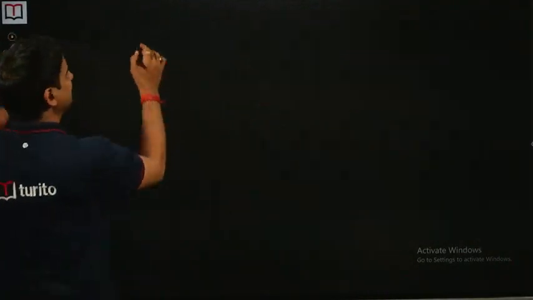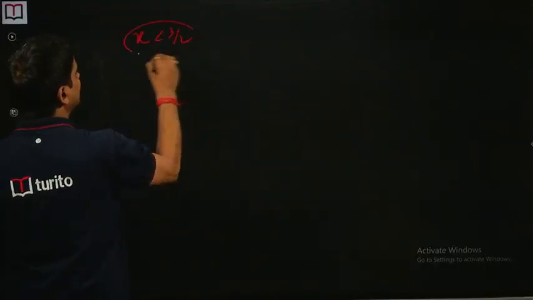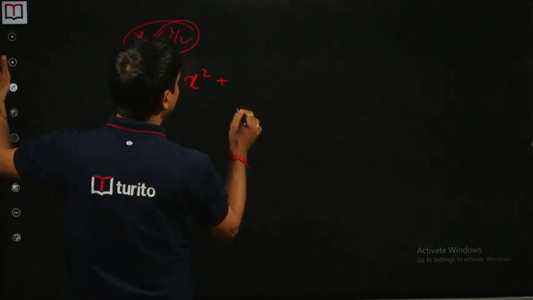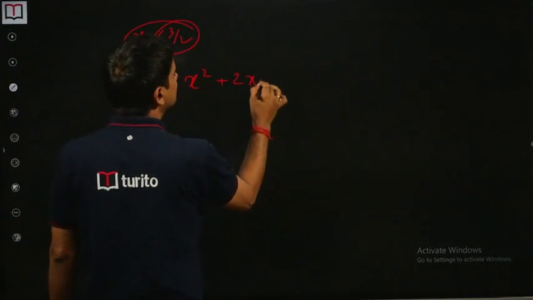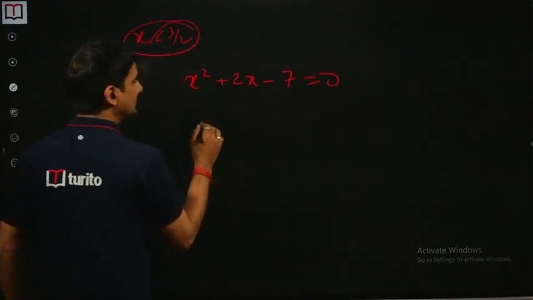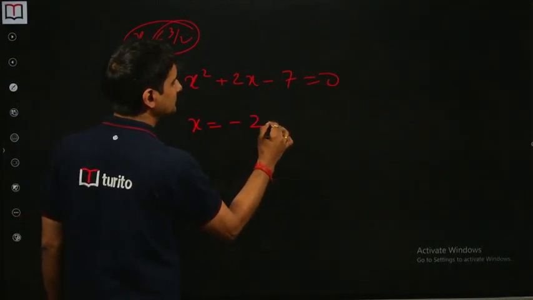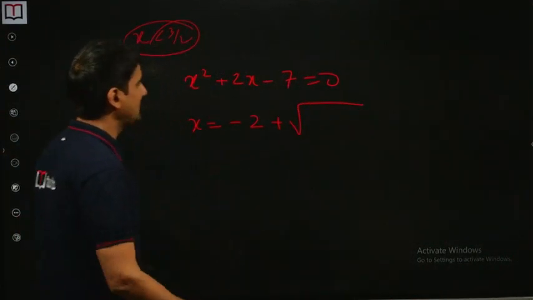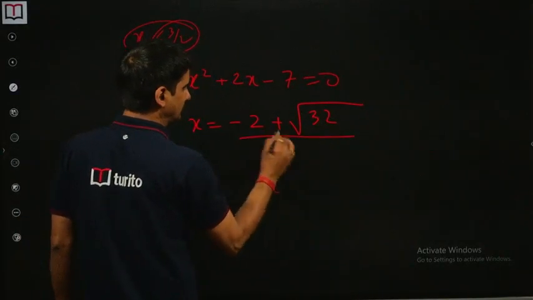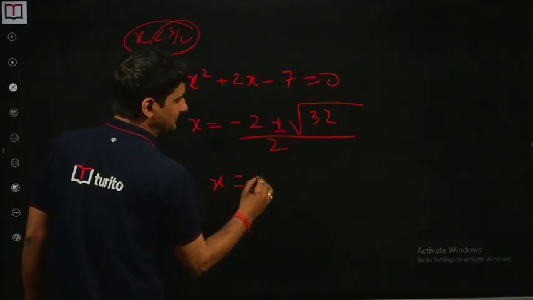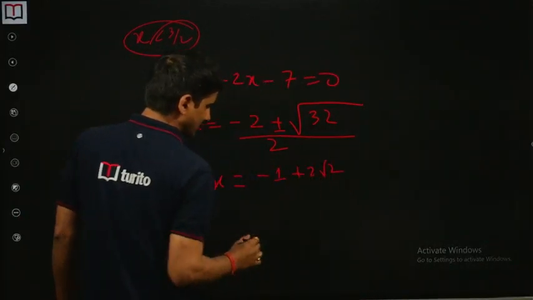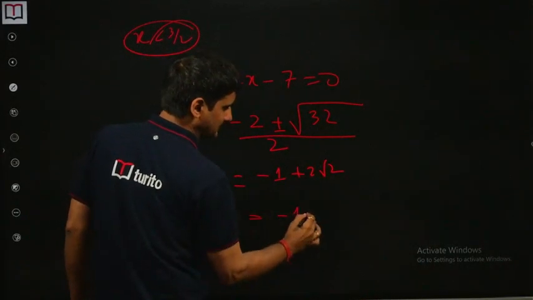So solving for the next case, when x is less than 3 by 2: it's x square plus 2x minus 3, and then I think minus 4, so it's minus 7 equal to 0. Then x is equal to minus 2 plus or minus under root of b square 4 plus 28, 32, by 2. So x is equal to minus 1 plus 2 root 2, and the other is minus 1 minus 2 root 2.